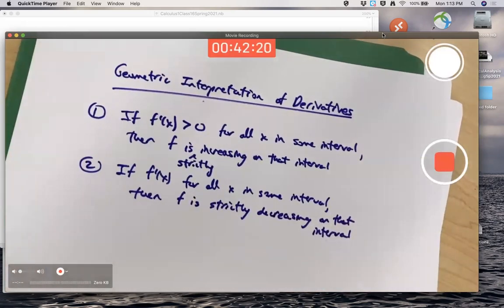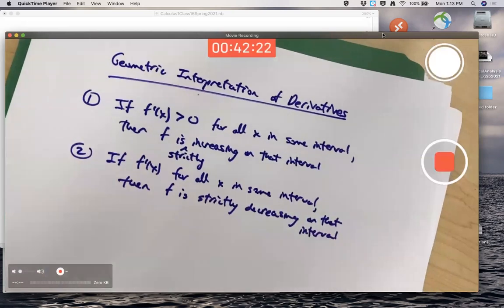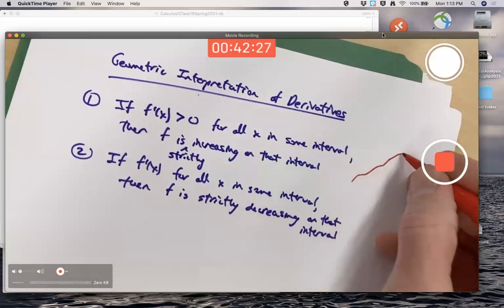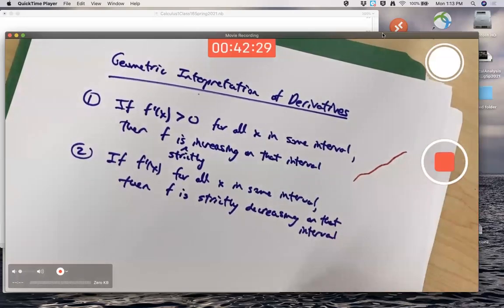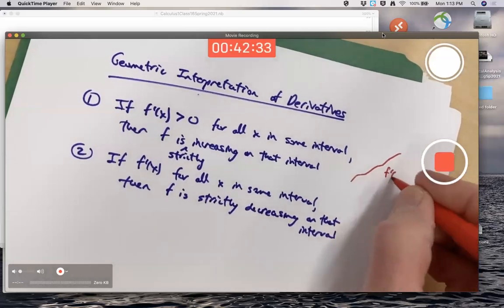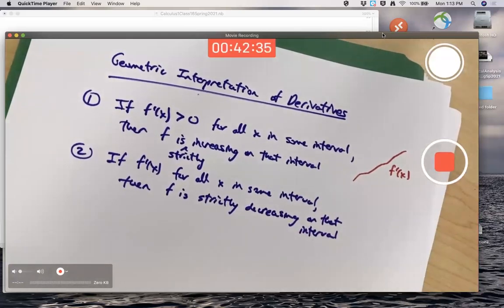So your prototypical picture of a function whose derivative is always positive might be something like this. If the derivative is always positive, that means the function's going up. It's increasing as x goes from left to right. Why?